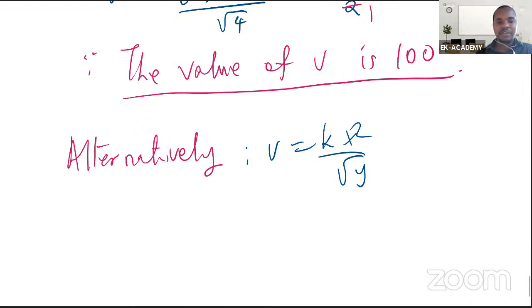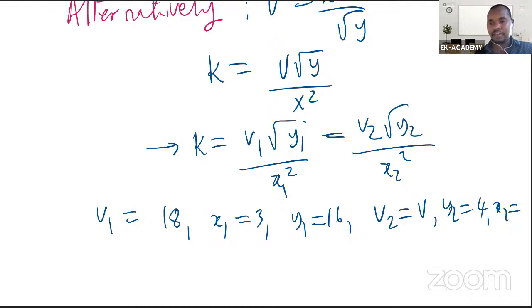And you were given V1 equals 18, X1 equals 3, Y1 equals 16. And now you are looking for V2, which is V, and for Y2 you are given 4, X2 you are given 5.